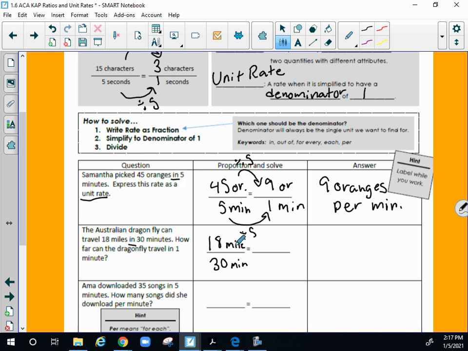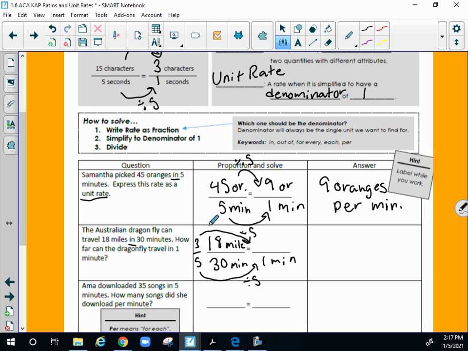There are 2 ways we could do this. One way is to simplify first. Both of these could be divided by 6, which would be 3/5. And then from there, we can change this to a 1. Again, 5 can get to 1 by dividing by 5.